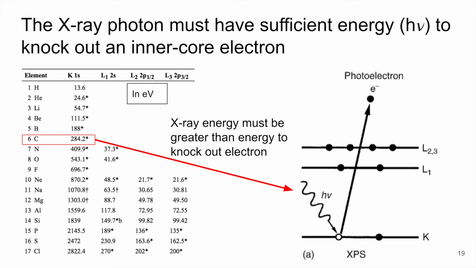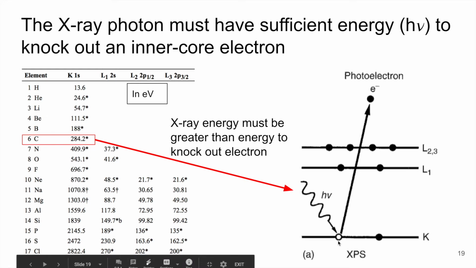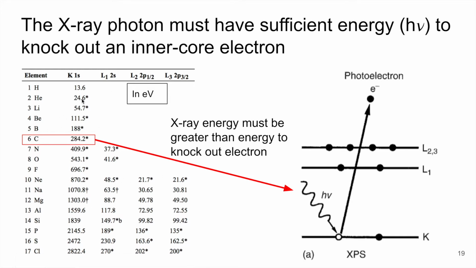So basically take it away from the atom. So we need at least 284.2 electron volts, the units here, in order to knock out that electron. That's a fairly high amount of energy, but in actuality, we need much higher amounts of energy in order to do this. You can look at this table of these energies, and that's the energy that is required to knock out the electrons from these various atoms.